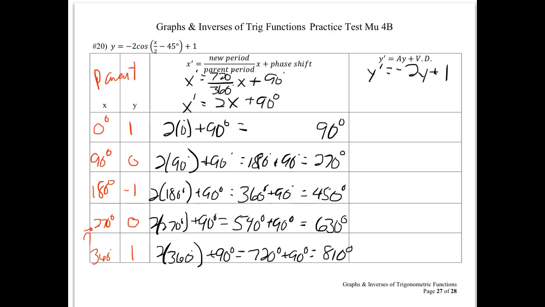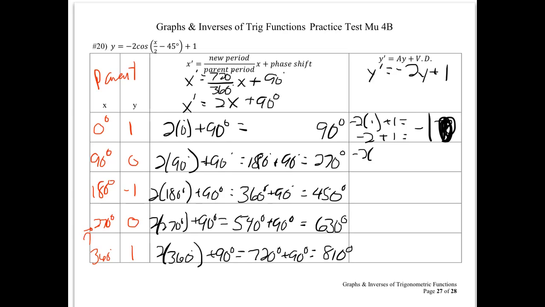My new y values, I'm multiplying the original ones by negative 2 and adding 1 to it. So I have 2 times 1 plus 1, which is 2 plus 1, which is 3. I'm sorry, that's wrong. It's negative 2 times 1, which is negative 2, plus 1, which is negative 1.